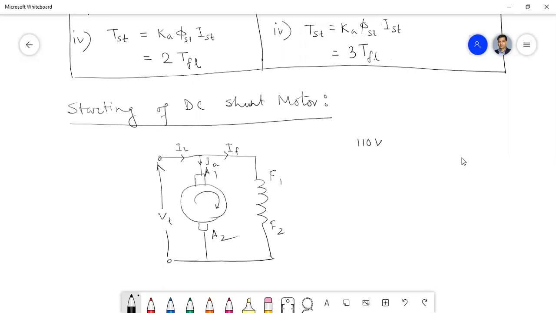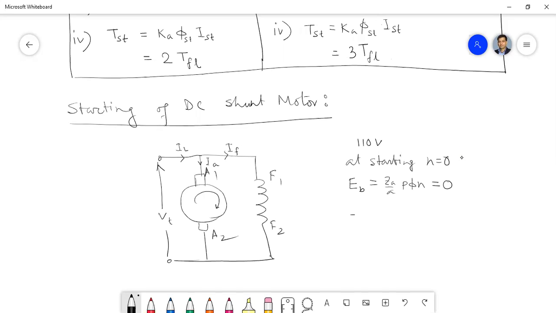Initially, what is the back EMF? Back EMF has the expression ZA by A P phi N. As N is 0 at starting, the N is almost 0. So that means the back EMF will be 0.